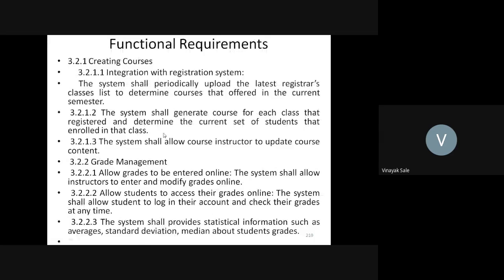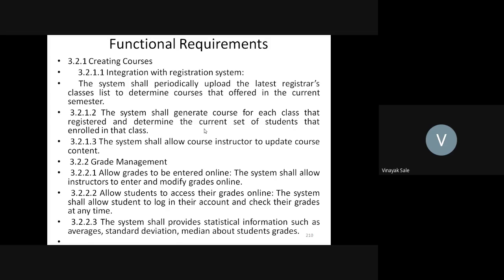So what are the functional requirements? Creating courses, integration with registration form. The system shall periodically upload the latest registered classes to determine the courses that are offered in the current semester. The system shall generate a course for each class that is registered and determine the current set of students enrolled in the class.